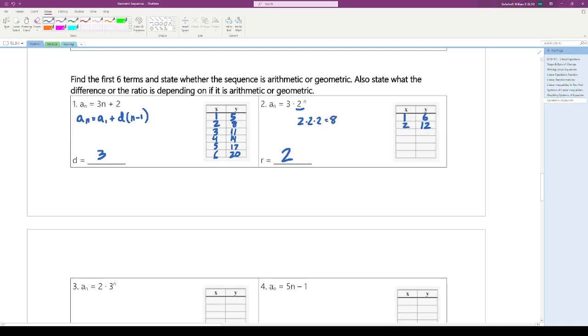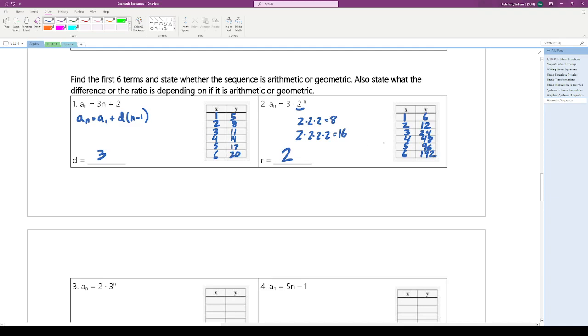So 3 times 2 to the third, or 3 times 8, would be 24. 2 to the fourth, 2 times 2 times 2 times 2 is going to be 16, and 3 times 16 is 48. So that's our fourth term. And then you can see that our pattern is holding, right? Times 2 times 2 times 2, so then we have 96 and 192.